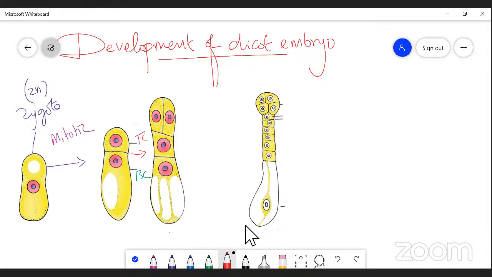Again, it undergoes division to form a four cell stage, right? Cell number 1, 2, 3 and the fourth cell, right?